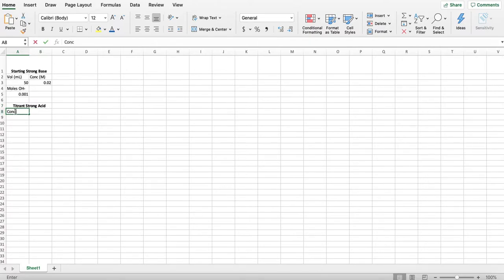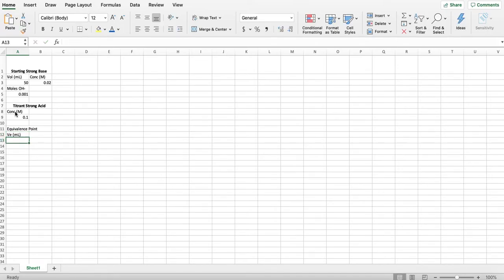And here we know the concentration is 0.1. So I also want to find the equivalence point. Oh, I should mention here at the beginning, I'm not going to ask for this Excel file from you, but you should follow along, so that at the end you have one for yourself.